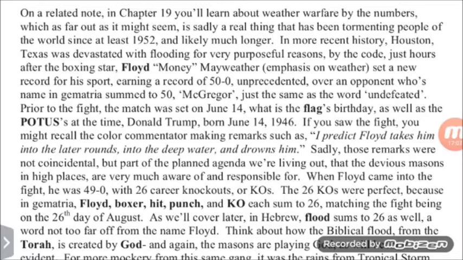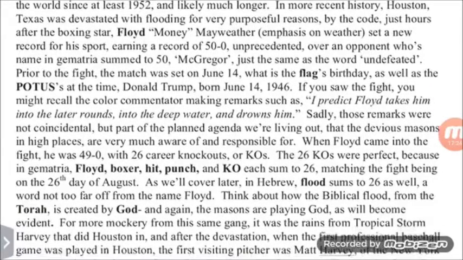As we'll cover later, in Hebrew, flood sums to 26 as well, a word not too far from the name Floyd. Think about how the biblical flood from the Torah is created by God, and again the Masons are playing God, as will become evident.